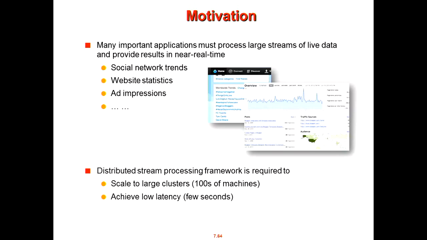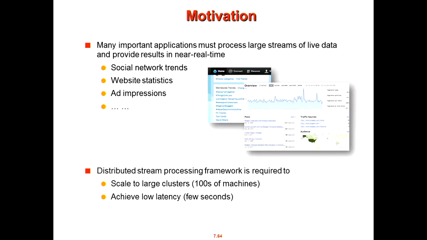A distributed stream processing framework needs to do the following. It must be able to scale to large clusters and achieve low latency, which means solving the problem in a few seconds. MapReduce is definitely not able to do this.